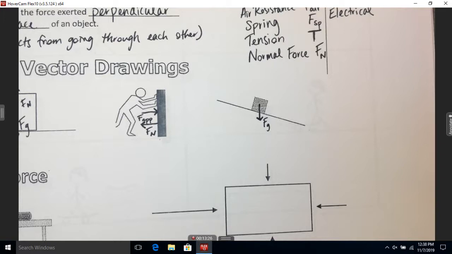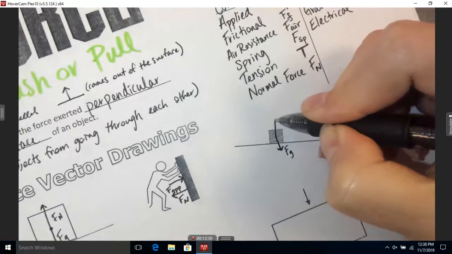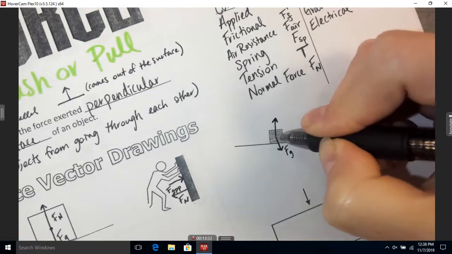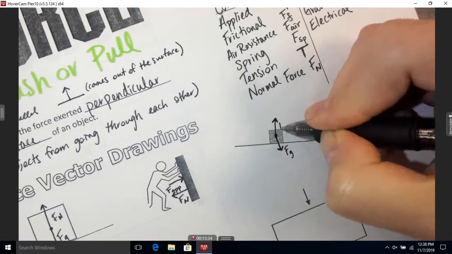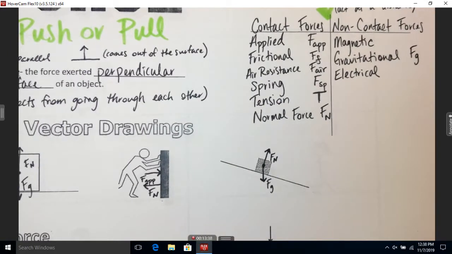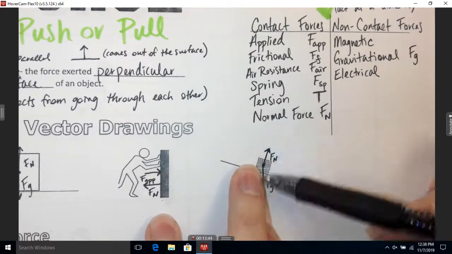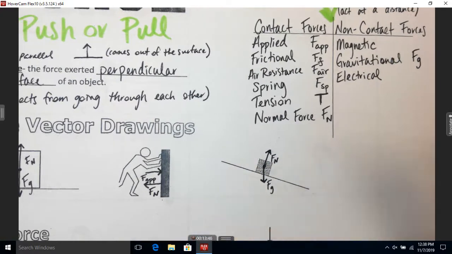It has to come out of the surface, so it's at an angle. Very good, Malka. How do we feel about that? Look, your surface isn't up and down anymore. Your surface is a slant, so I tried to come out of the slant. That's it. It comes out of the surface. Cool? Yes, no? Yes. Okay.